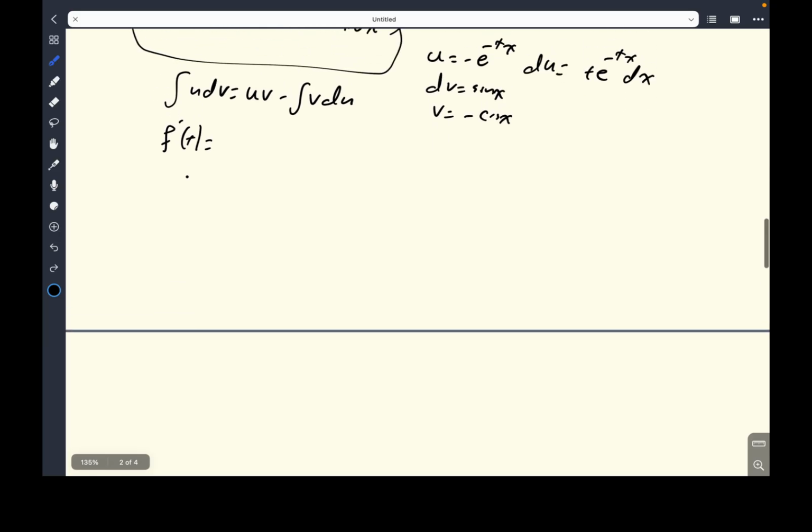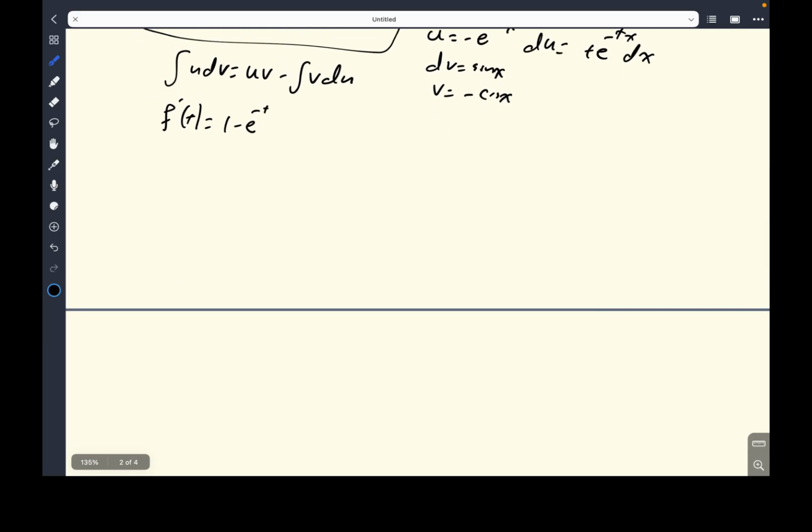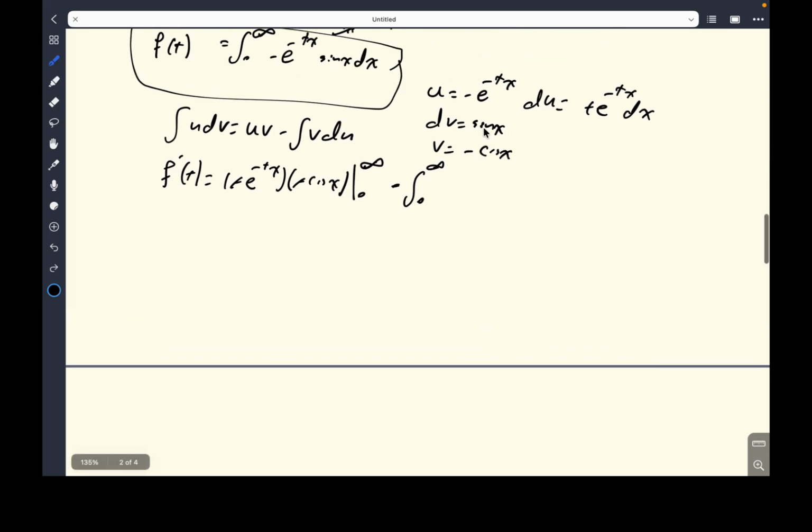So it's going to be negative e to the negative tx multiplied by negative cosine x, where these negative signs are going to cancel out, from 0 to infinity. Sorry, we would calculate its integral, and minus the integral from 0 to infinity of t e to the negative tx multiplied by v du.